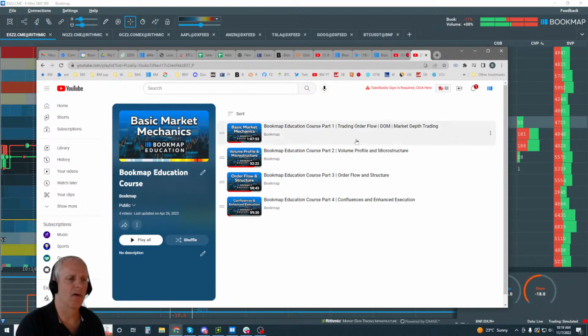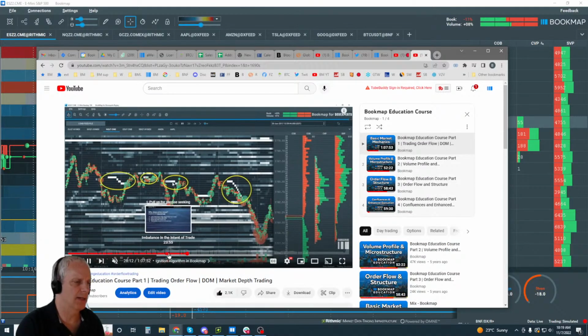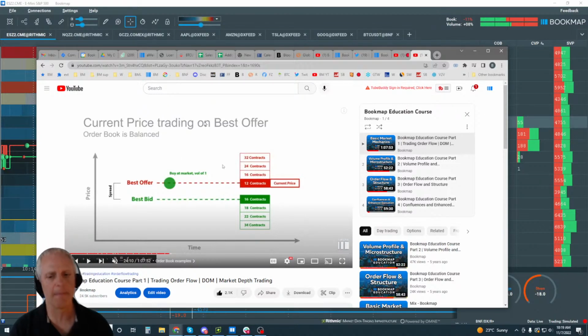The whole idea here is to understand these levels in here, just really basic market mechanics. And like I've mentioned many times in the past, this is pretty good education.